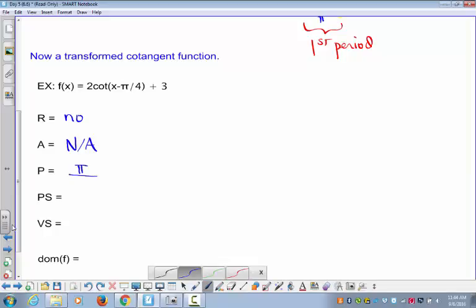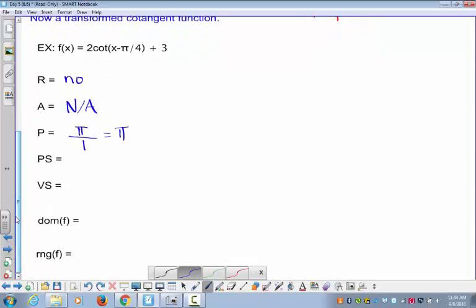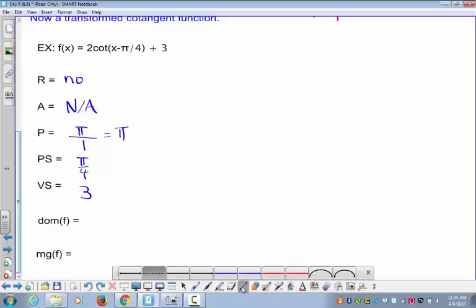And then we have to divide by the leading coefficient of the angle. What's that leading coefficient? 1. So the period of this transformation is just pi. How about phase shift? pi over 4, opposite of what we see. It's already factored. There's no coefficient to factor. Vertical shift is 3. All right.